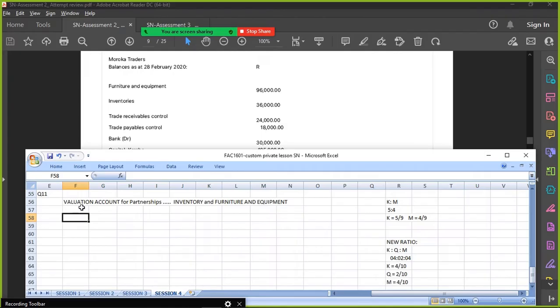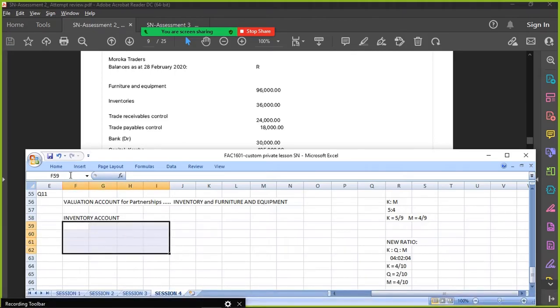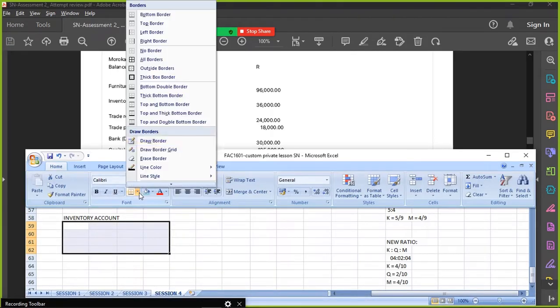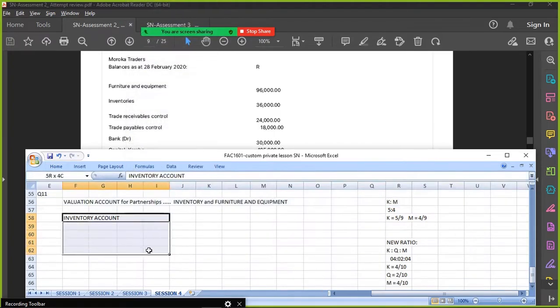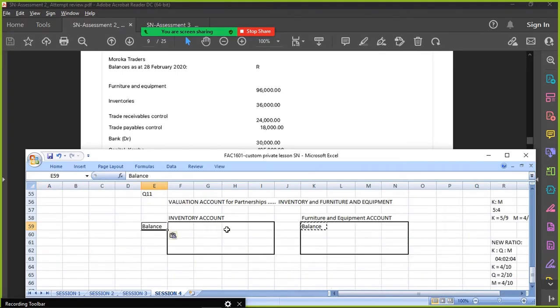Let's draw up an inventory account. I'm going to keep it very basic, just draw it like that, and then do the same thing for furniture and equipment. So you're drawing up those two accounts, and both have a balance.